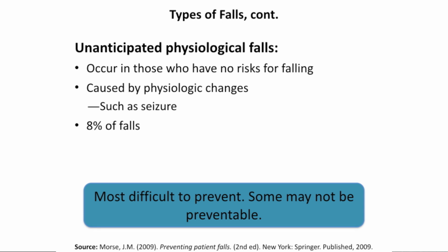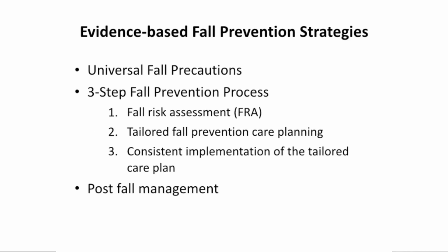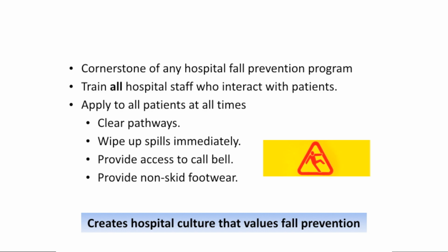So the evidence-based fall prevention strategies we have, again, are universal fall precautions, a 3-step fall prevention process, and then, when falls do occur, having a post-fall management strategy. The universal fall precautions are the cornerstone of any hospital fall prevention program. Most hospitals train all staff who interact with patients that these universal fall precautions apply to all patients at all times.